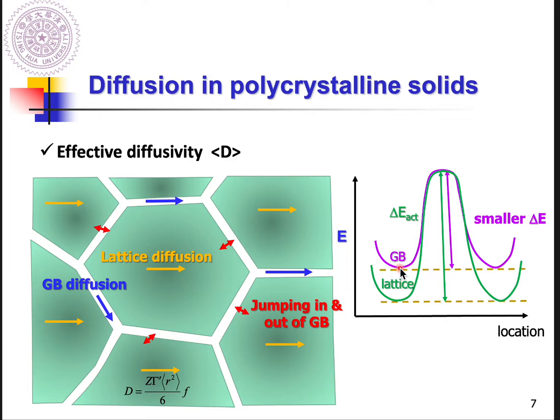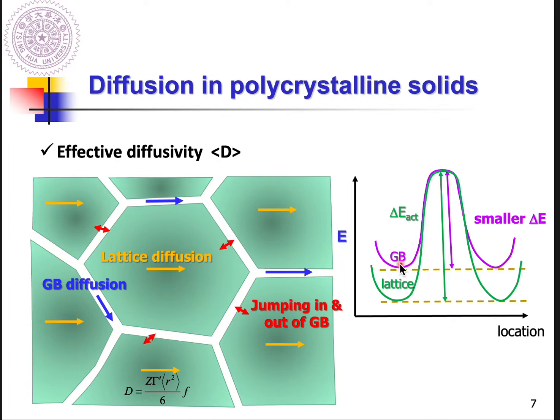But if now we have an atom located at the grain boundary, and the grain boundary usually has a higher energy than that in the lattice, so the energy barrier which the atoms need to overcome is smaller than for the atoms inside the lattice.